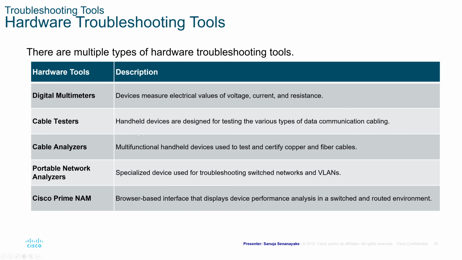Cable testers are handheld devices designed for testing the various types of data communication cabling, such as Cat5e, Cat5, and Cat6 cables. Also, you have fiber optic cable testers. You can use them to test continuity and proper termination.